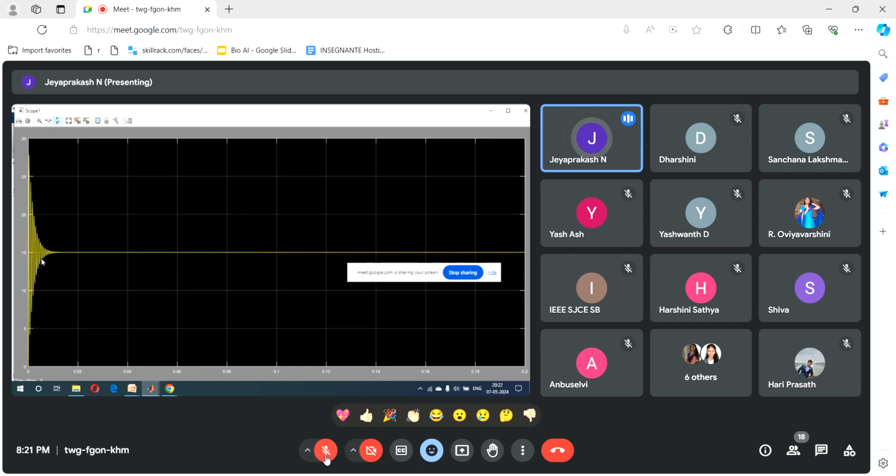We have a peak overshoot, but we are achieving a shorter steady state time.